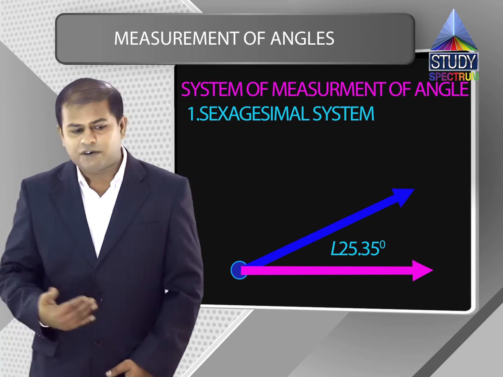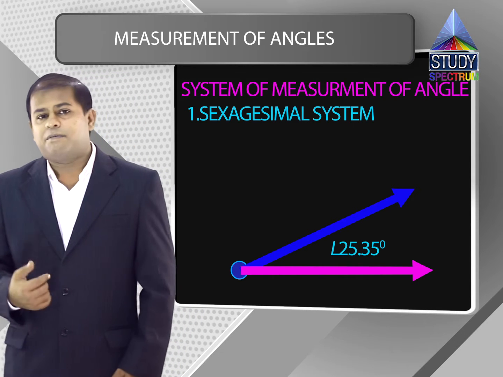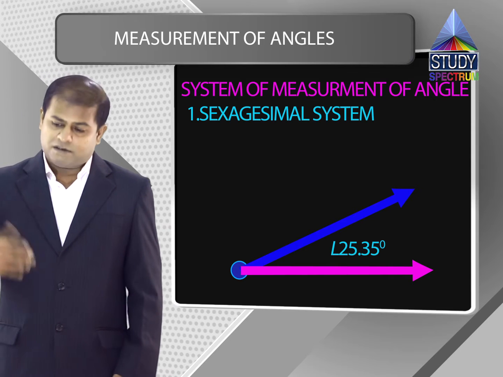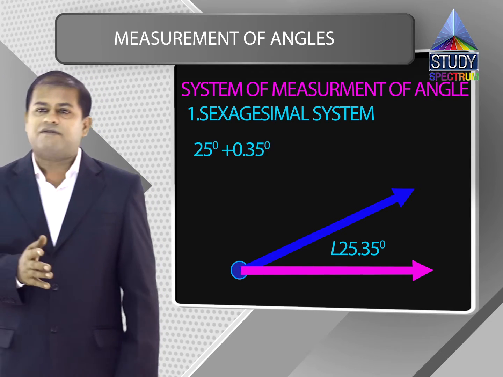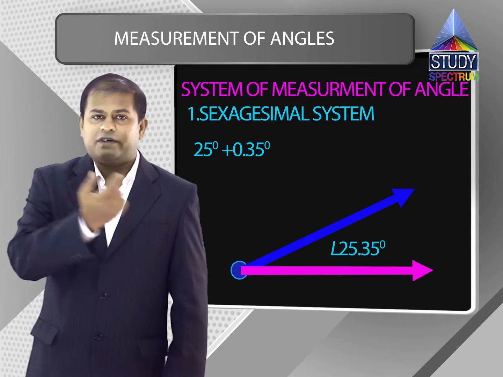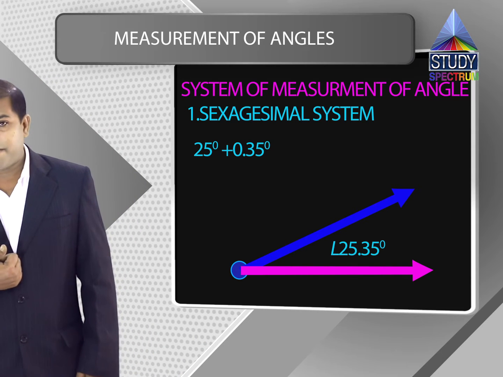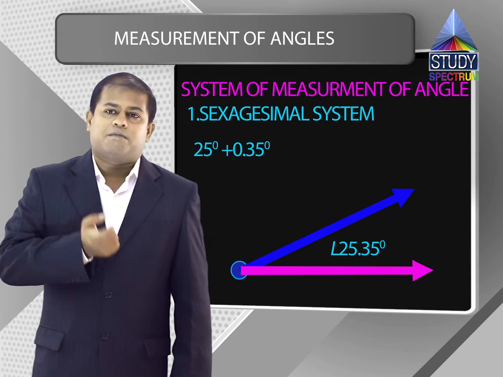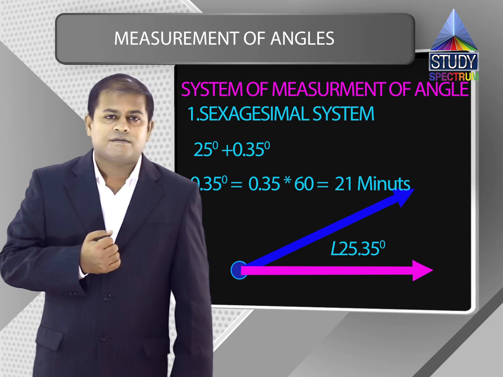If I don't want to deal in decimals, I want to convert the fractional part of the degree measure into minutes. So I'll read it as 25 degrees plus 0.35 degrees: 25 degrees is the whole number part, 0.35 degrees is fractional. Let's convert this fractional part into minutes.